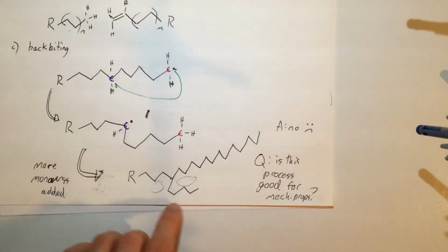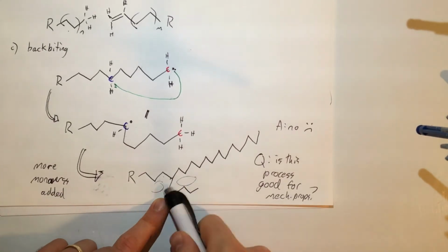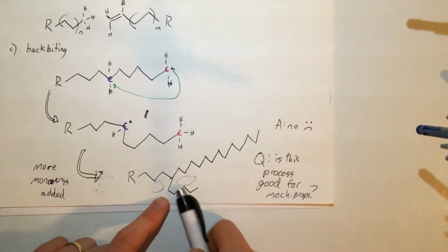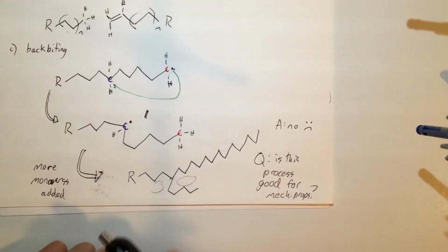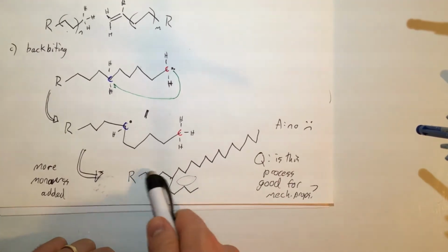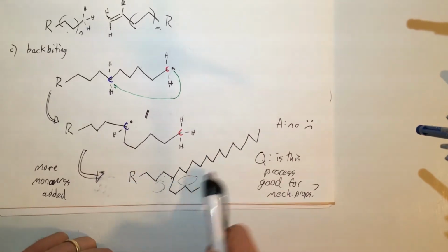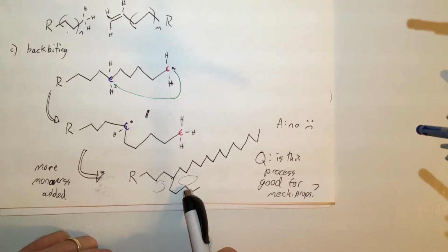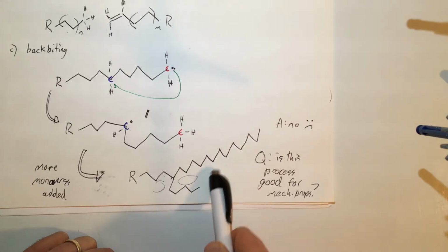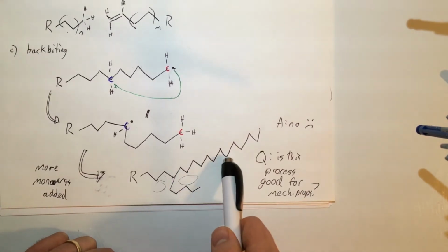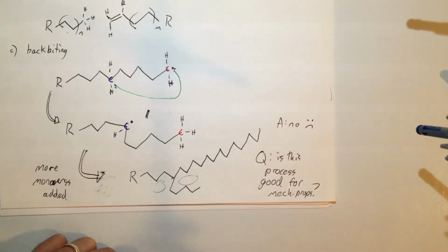So these short side chains coming off of the main backbone of our polymer are generally bad for mechanical properties because they decrease the density with which we can pack chains and decrease our adjacent chains' abilities to interact with each other.